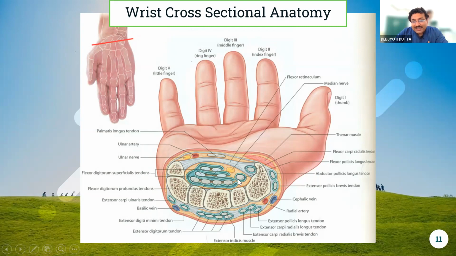Only inside, but slightly separate, we will be able to see the flexor pollicis longus tendon and flexor carpi radialis. We will be able to see them outside this transverse ligament. The palmaris longus tendon is usually not that clear on ultrasound.